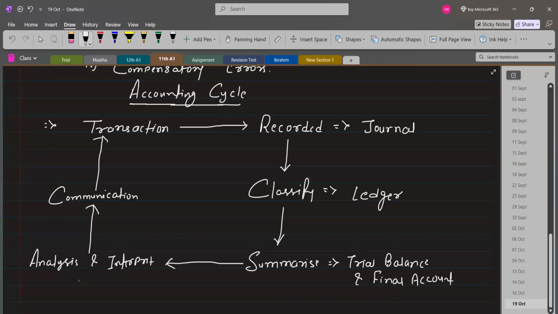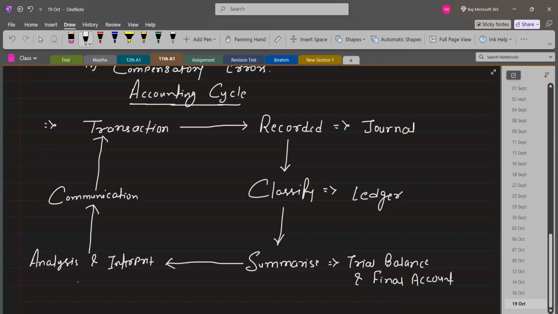So then we analyze and interpret: is there sufficient profit we are earning? Is there only profit or loss also? If there is loss, then what is the reason behind such loss? These are part of analysis and interpretation. When we find the reason, we communicate it with the owner of the business or related parties.